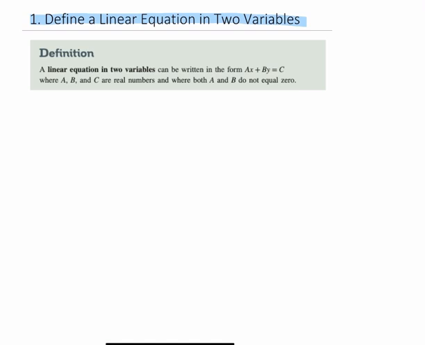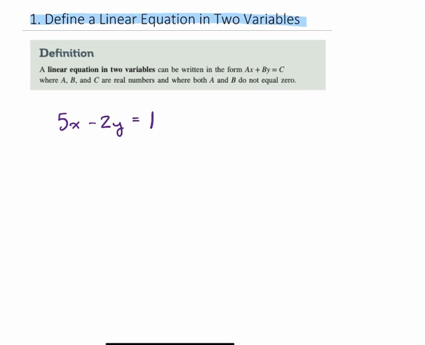So let me just throw out a few examples. So something like 5x minus 2y equals 11. And we can call both x and y a variable here. So very similar to what we've seen before, but now we have two unknowns that are related to each other in some way.